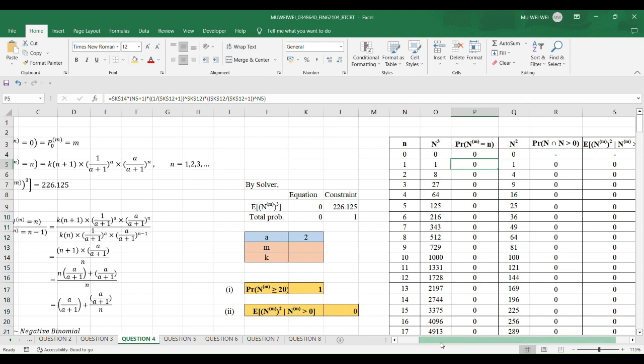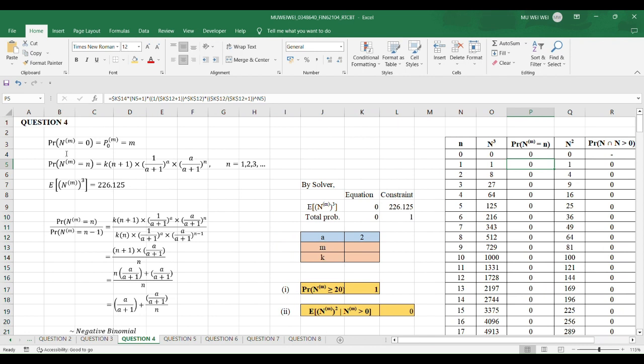So from the question, the probability of Nm equals 0 is m. For this one, I let it equal the value of m, which is in this cell right here. But for the following probabilities, we can follow this equation.